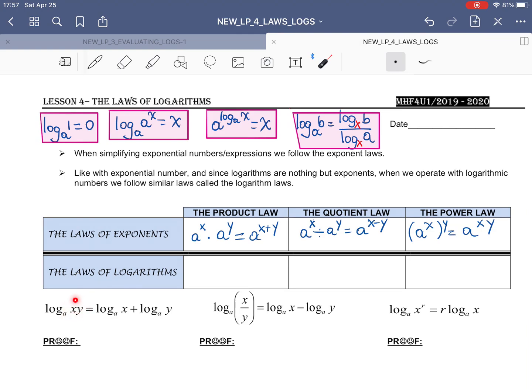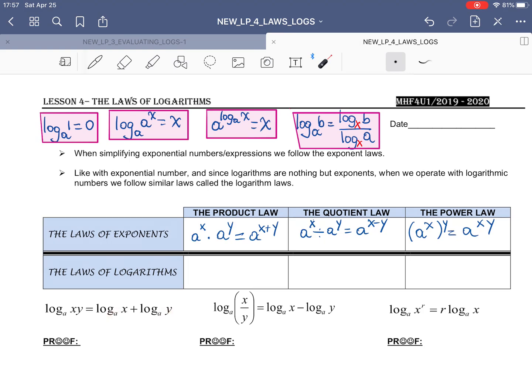That would be equal to the log with base a of x plus the log with base a of y. So you can look at it this way: the logarithm with base a of the product of 2 numbers equals the sum of the logarithms of each term in the product, right?